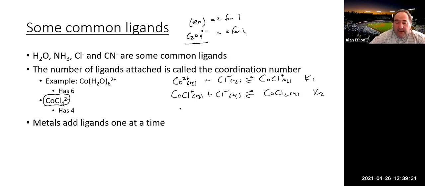Just like with our hydrogens, the next thing is this species picks up another chloride, giving us CoCl3 minus 1, also with a K value for that step.